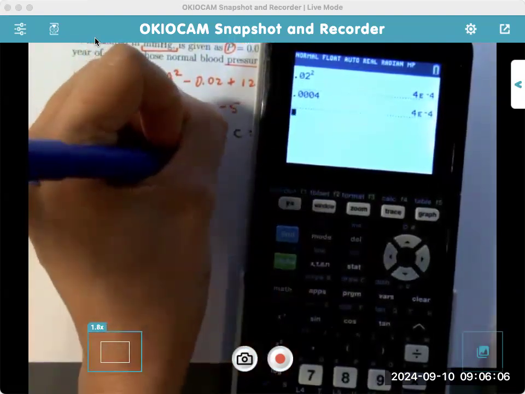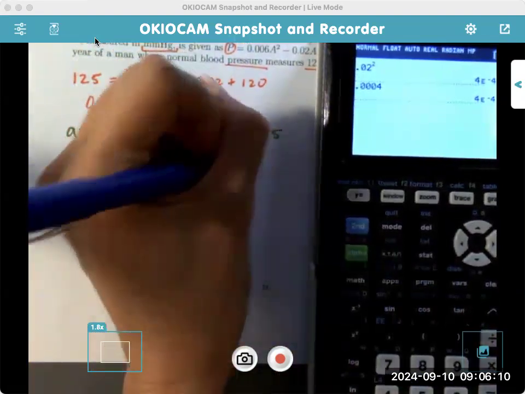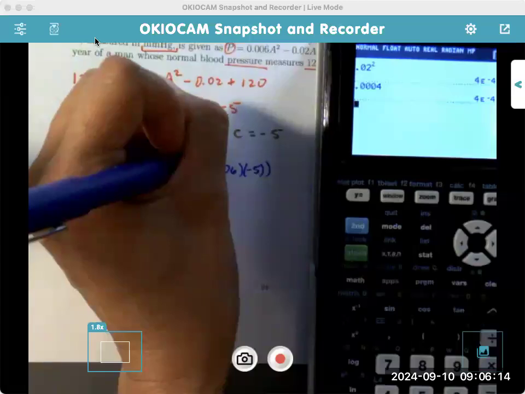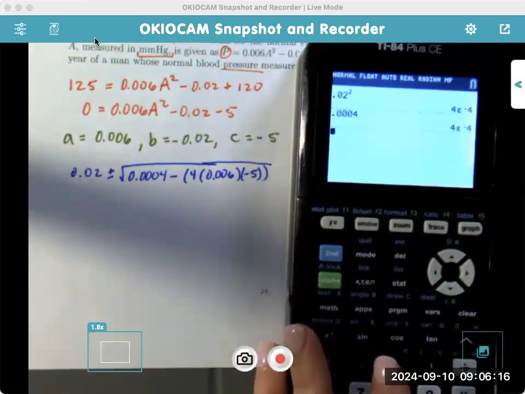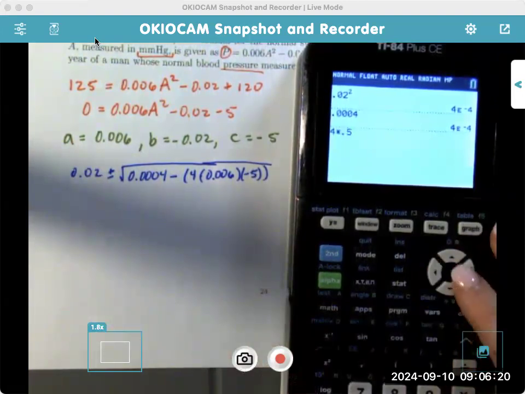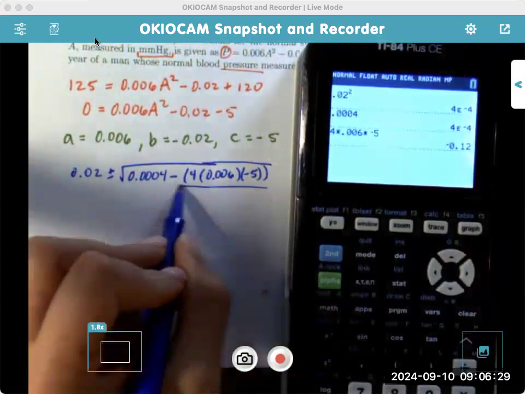Now, minus 4 times A, 0.006 times C. Oops, 4 times -5. 4 times 0.006 times -5 is 0.12. We'll get there in a second.